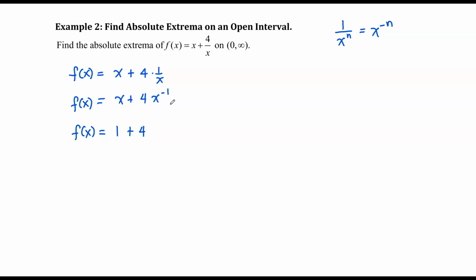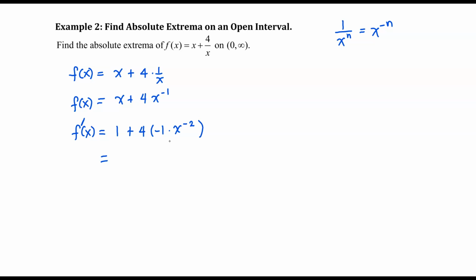The derivative of that is negative 1 times x to the negative 2, because you subtract 1 from negative 1, and negative 1 minus 1 is negative 2. So this is now the derivative of this expression, and that's our derivative.